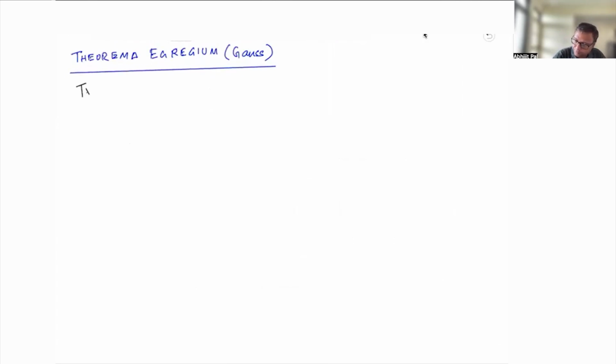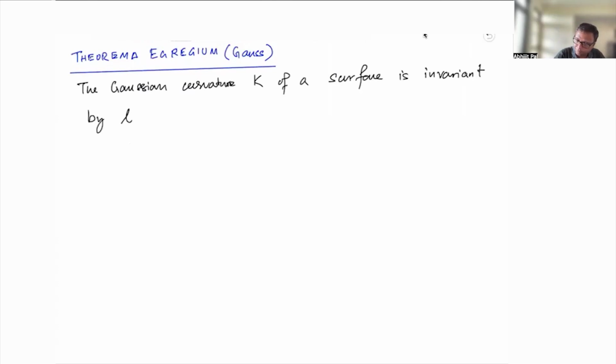The Gaussian curvature K of a surface is invariant by local isometries. Okay, so I'll stop here today.